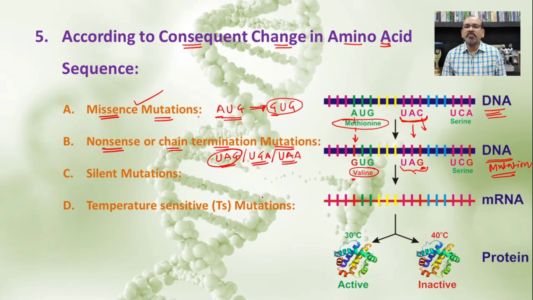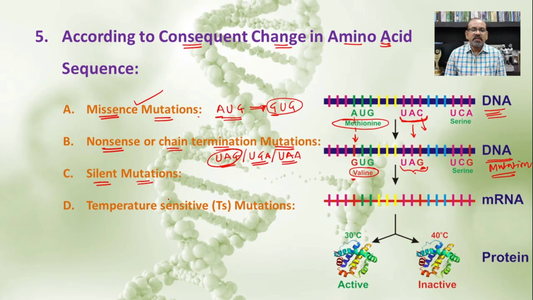Such a mutation in the nitrogen base sequence which results in the formation of a nonsense codon, stop codon or chain termination codon is known as a nonsense mutation or chain termination mutation. The third type is silent mutations.